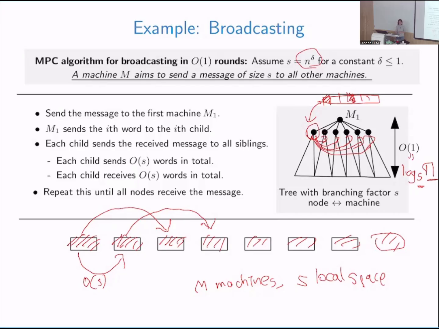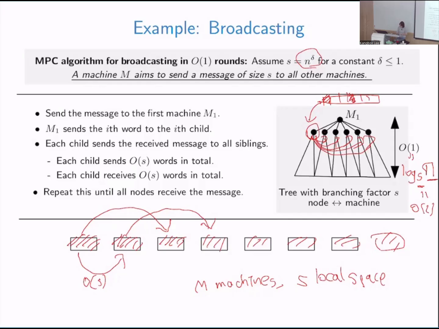This is a standard assumption in this field, and delta is a constant. So in this model, we can send a message to all machines in a constant number of rounds.